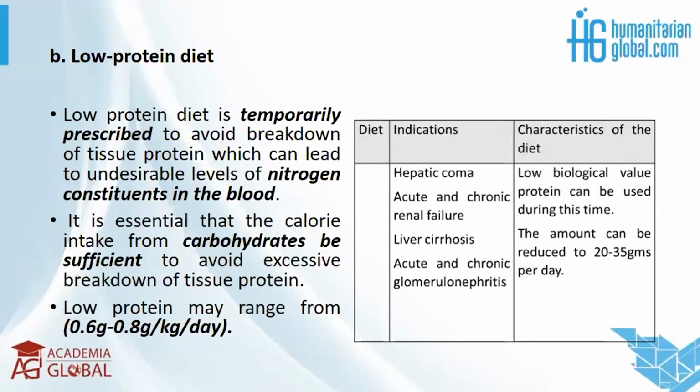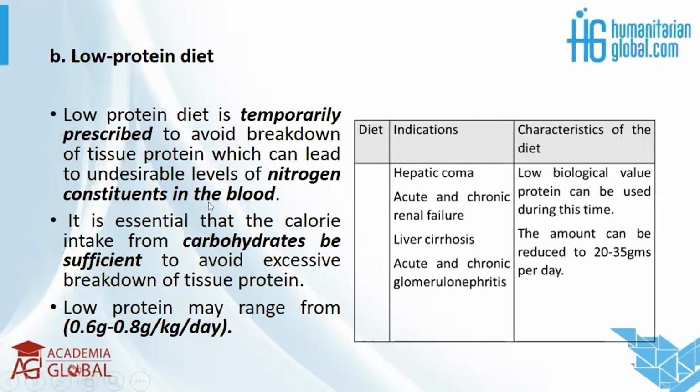So another type of diet that you could also do is a low protein diet. Here you lower the protein. The reason is that a low protein diet is temporarily prescribed to avoid the breakdown of tissue protein, which can lead to undesirable levels of nitrogen constituents in the blood.